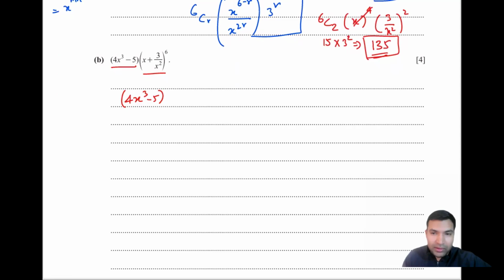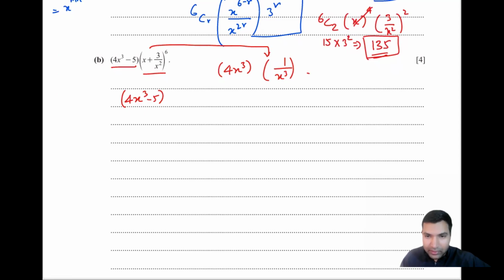When we get the term independent of x, when you open this, 4x cubed term is multiplied by the 1 by x cubed term in the expansion of this, and negative 5 multiplied by a constant term in the expansion of x plus 3 over x squared to the power 6, right? So we will get two terms independent of x. The constant term in the expansion of x plus 3 over x squared to the power 6 multiplied by 5, because 5 is a constant. Also 4x cubed multiplied by the term which has the power x cubed.